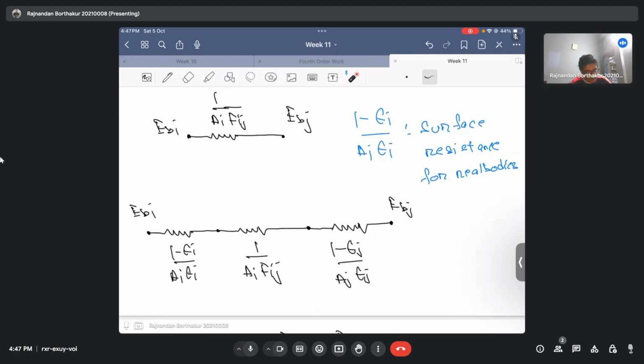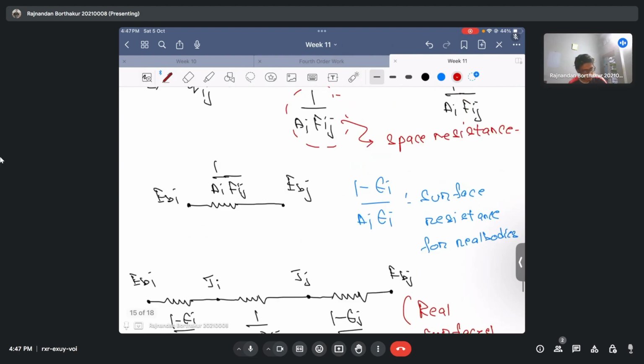So these nodes now become your radiosity nodes, as you have seen in your lecture classes. This becomes Ji, and this becomes Jj. If I have a black body, this typically becomes equal to this, and that's why you don't encounter these resistances in case of black bodies. But this is true in case of real bodies, so this radiation network is for real surfaces, and this is for black bodies.